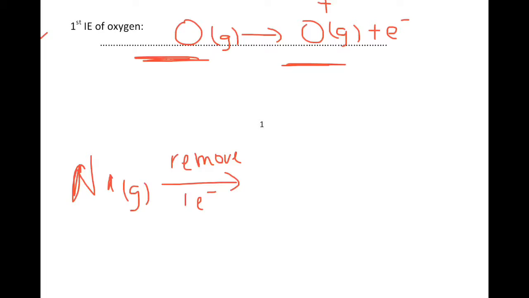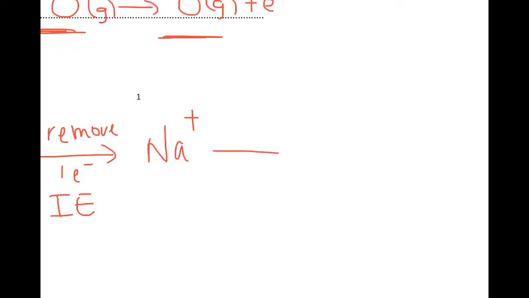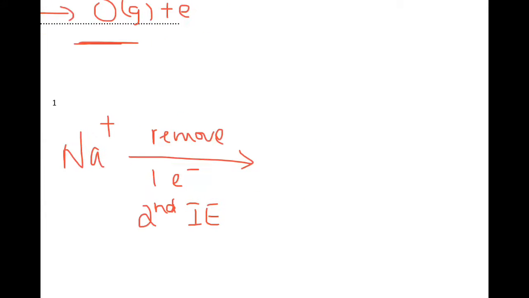That's called first ionization energy, and it gives us Na+. From Na+, we remove 1 mole of electrons. This is called second ionization energy, which means that you're removing the second electron. That would give you Na2+.